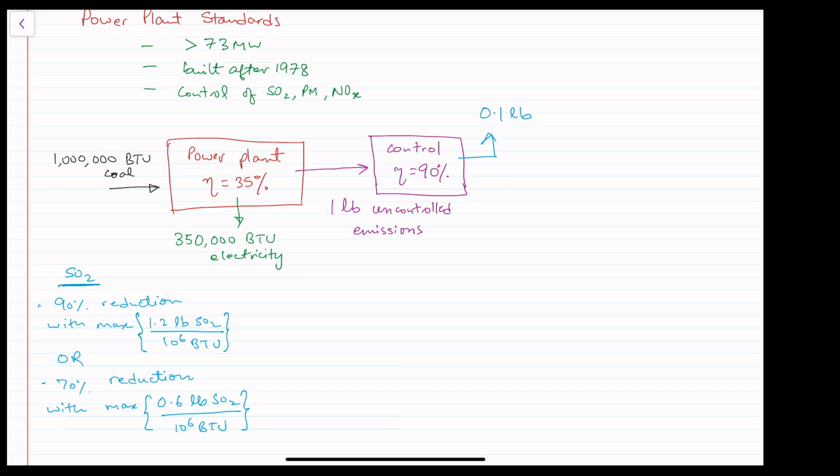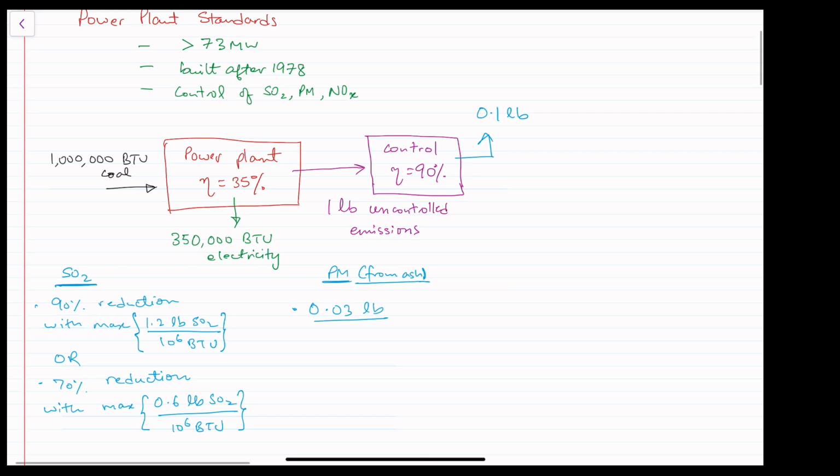And for particulate matter, this is from ash. The regulation said 0.03 pounds per million BTUs of heat input, and the opacity has to be less than 20%.